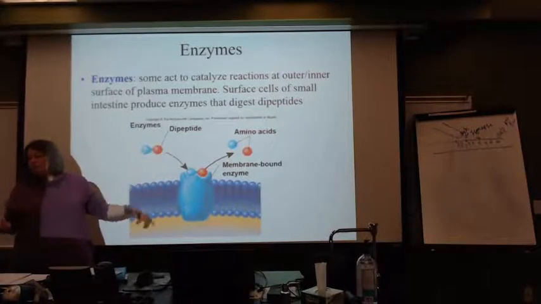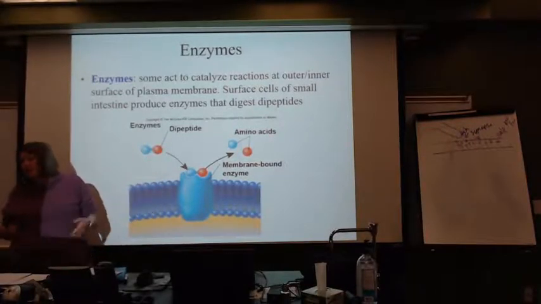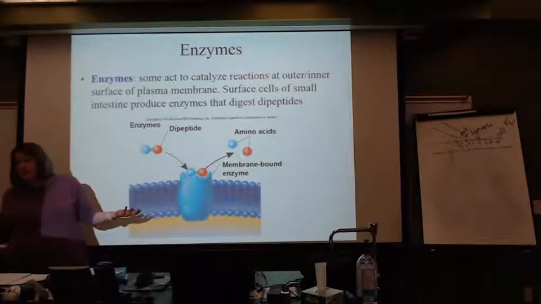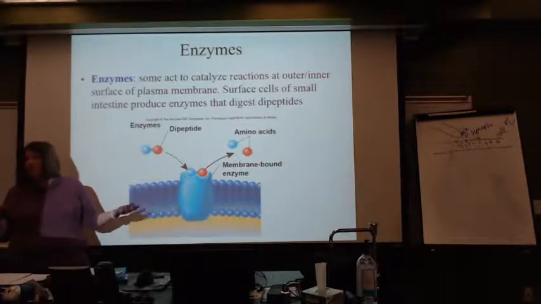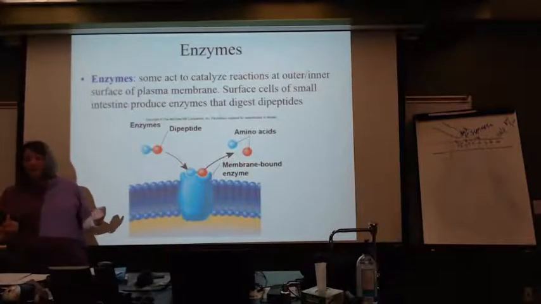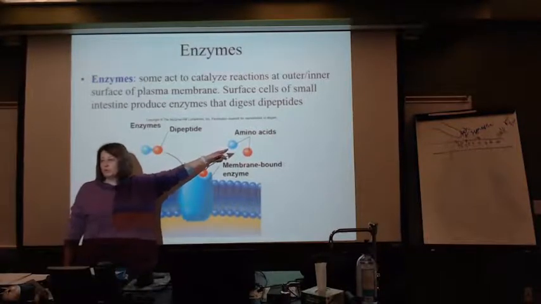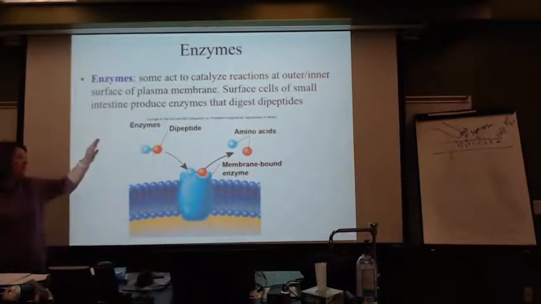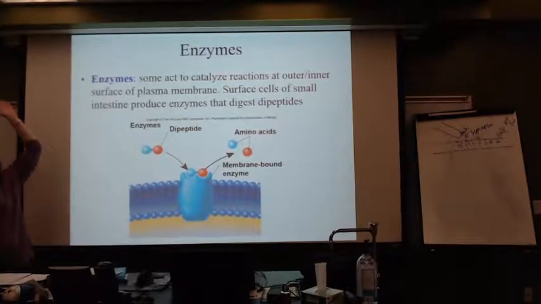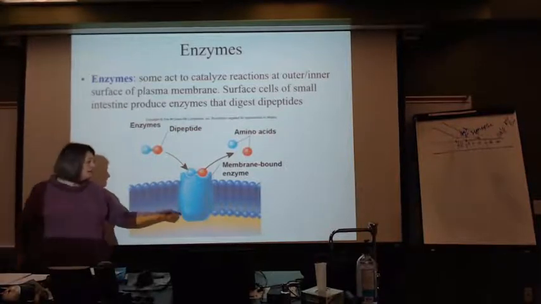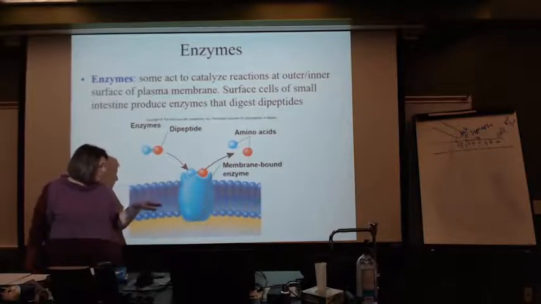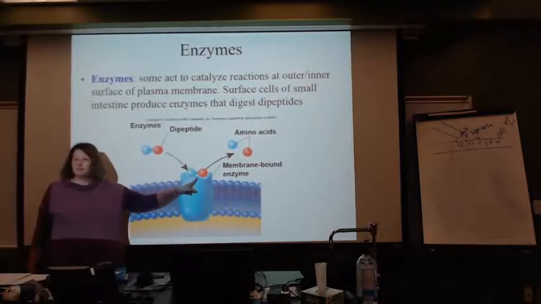For example, if we had our breakfast and as the foodstuffs are getting broken down, one of the things we begin to do is take proteins and break them down so that we can get those amino acids, but we need them to be individuals. So we need to take the chain of amino acids and break it down. We can have embedded into our phospholipid membrane a protein that can do that.